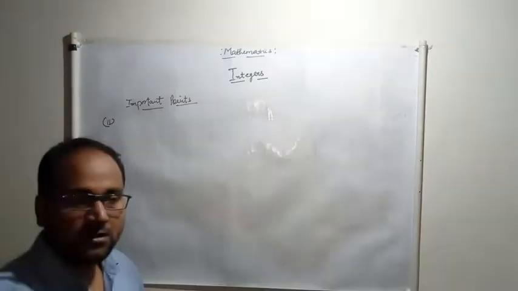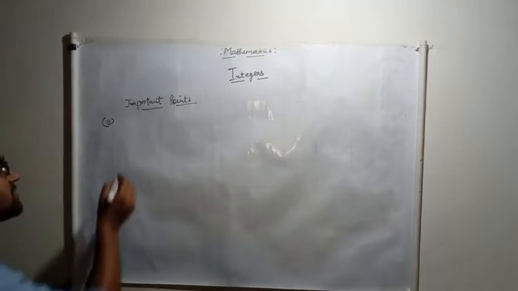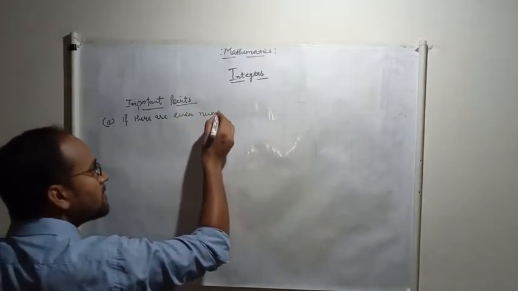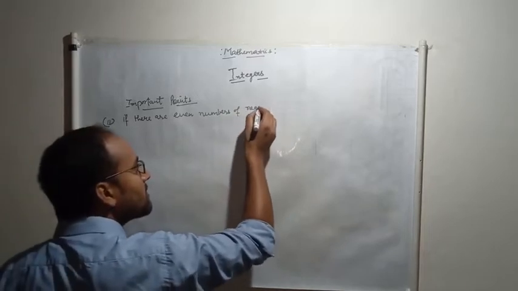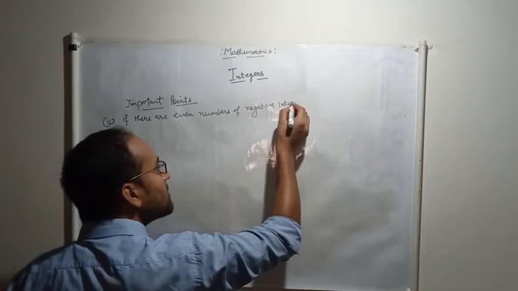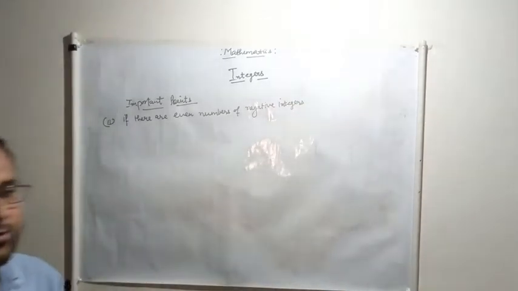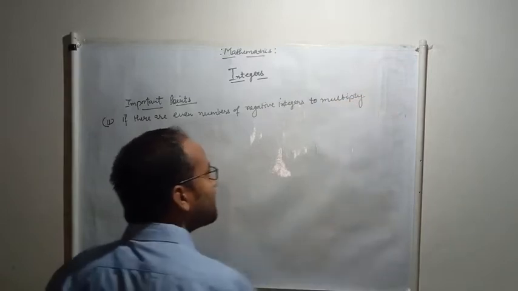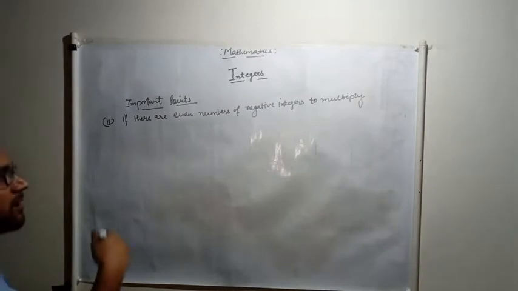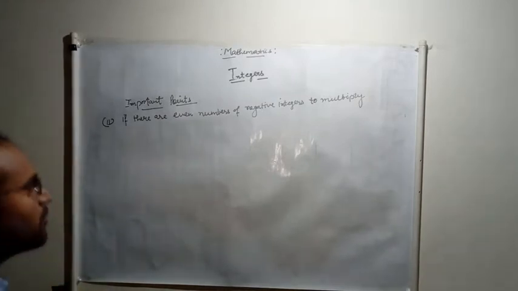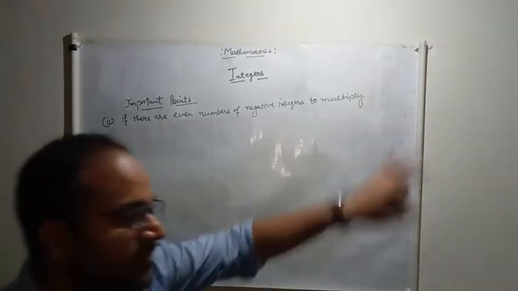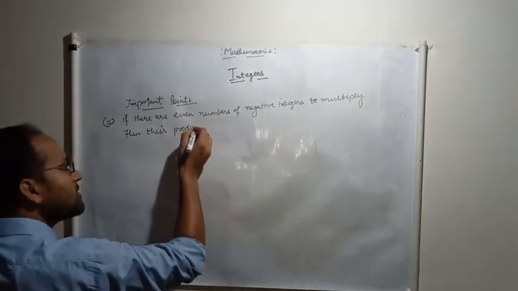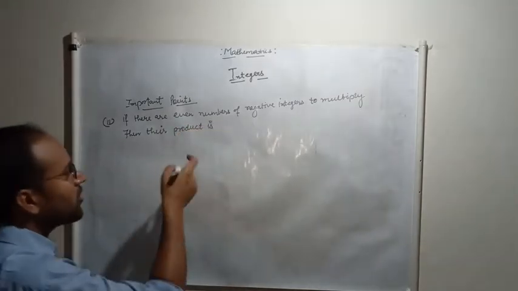Second point, students: if there are an even number of negative integers to multiply, then their product is positive.